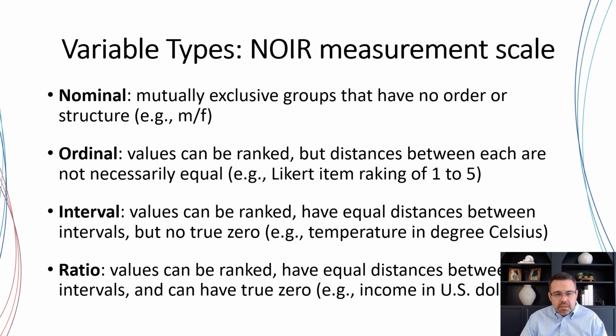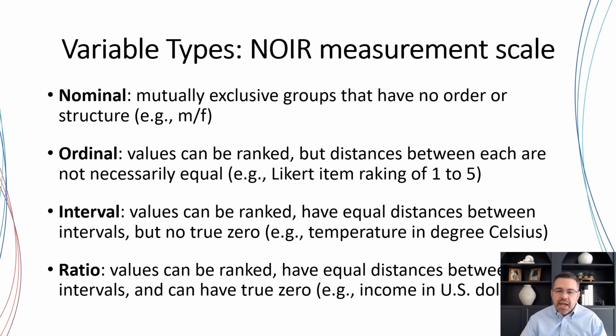So for instance, temperature in degrees Celsius is kind of the classic example of interval data, right? We know a value of 5 is lower than a value of 10, right? We know it's going to be colder, and we know that the difference between 5 and 6 and 6 and 7 are the same distance.